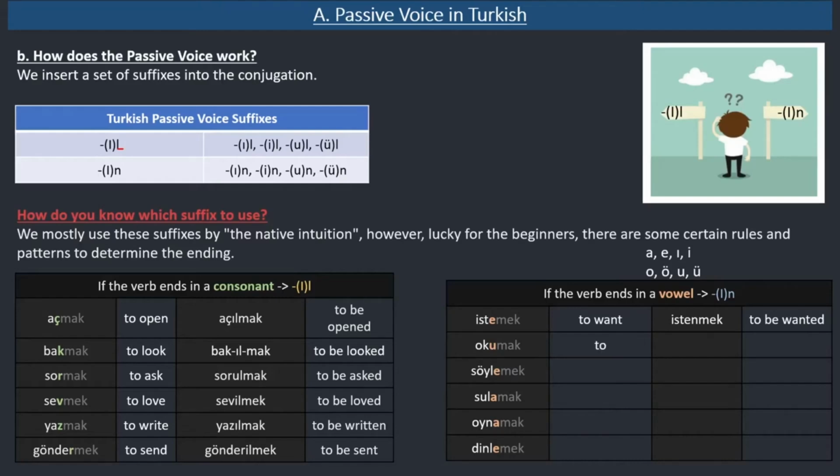Okumak, yes, to read, and then okunmak, to be read, I think. And söylemek, to tell, söylenmek, to be told. Sulamak is to water, sulanmak, to be watered.